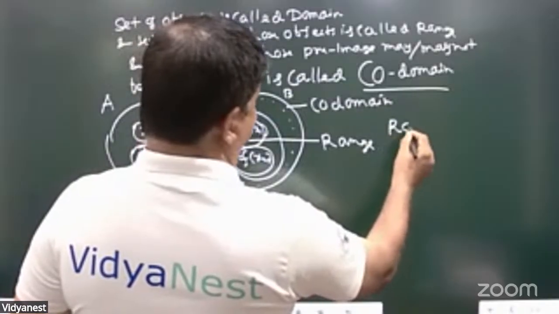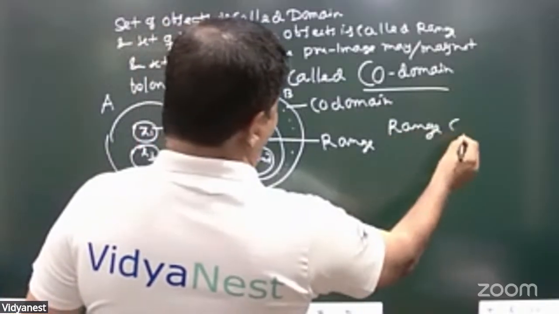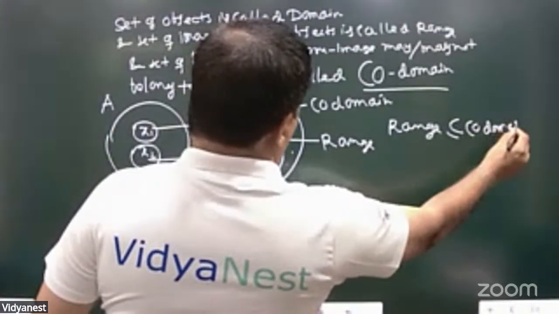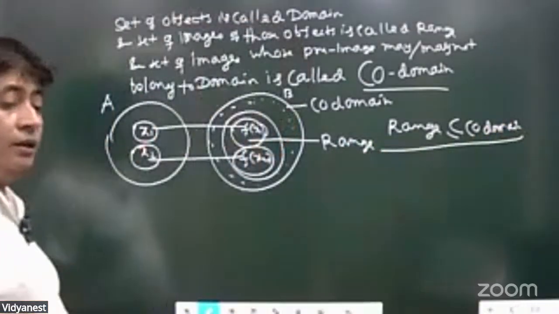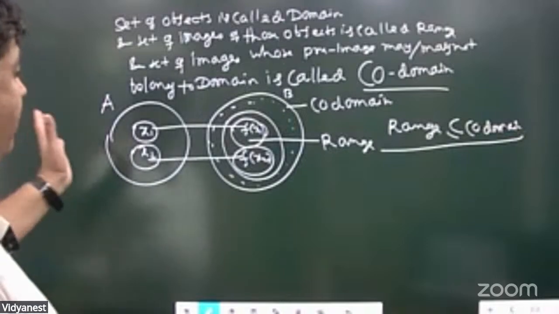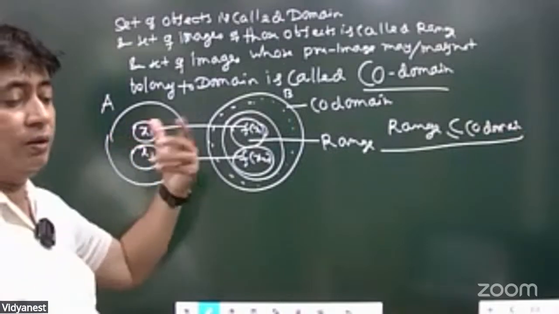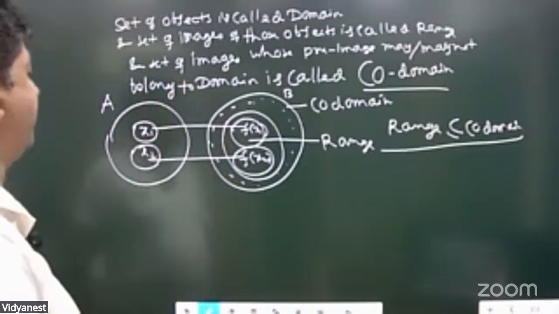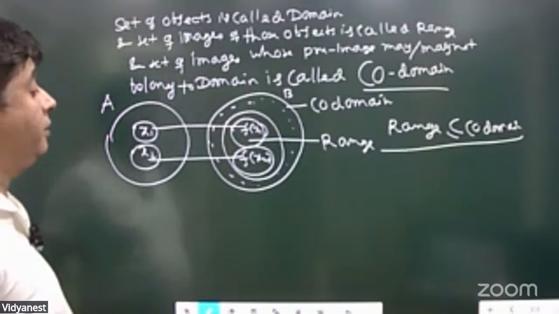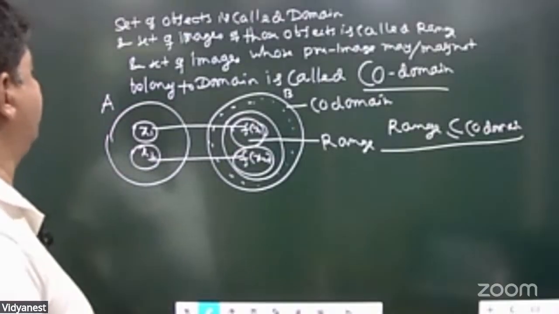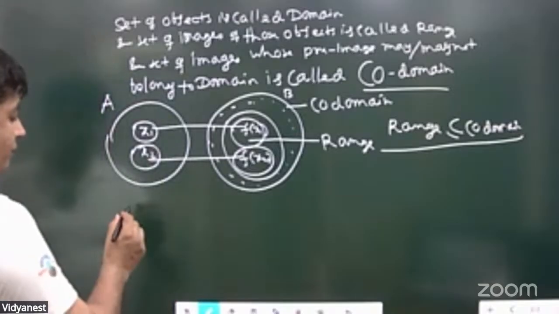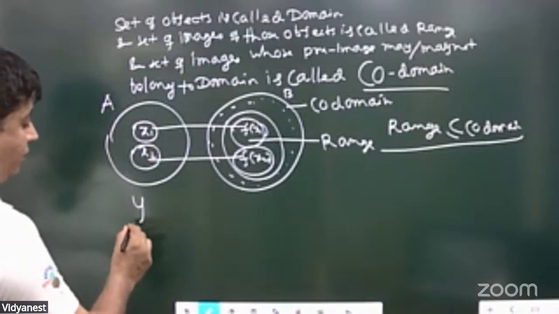So range is the subset of codomain. Sometimes there is a scope of equality, that will be discussed later, mainly in class 12, in one-one onto type function, where the range and codomain's relation will persist. Now, this function will be denoted in this manner.